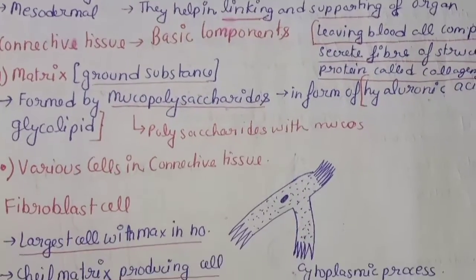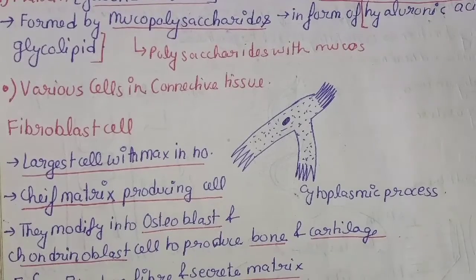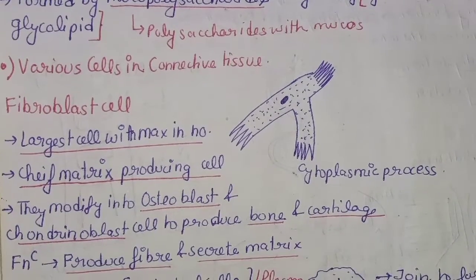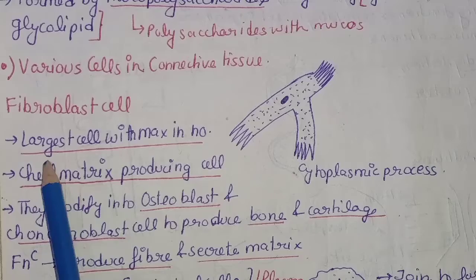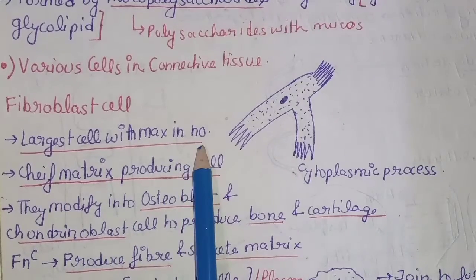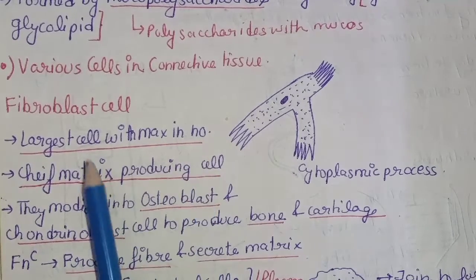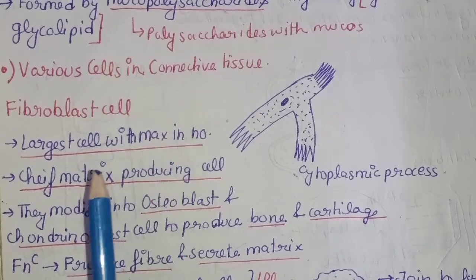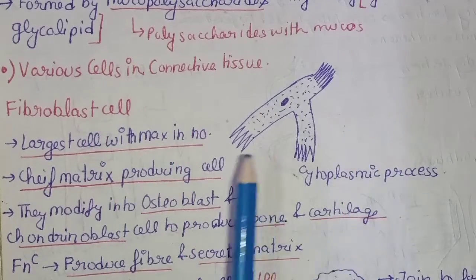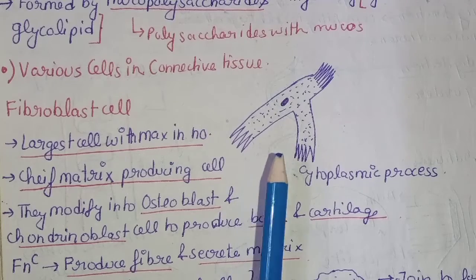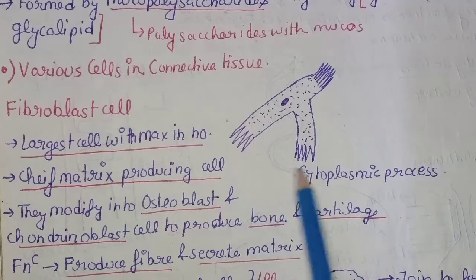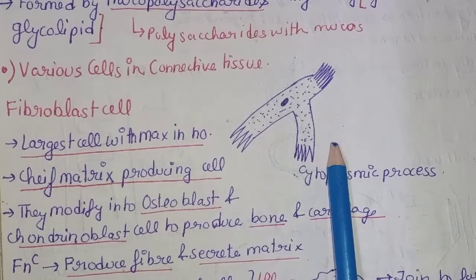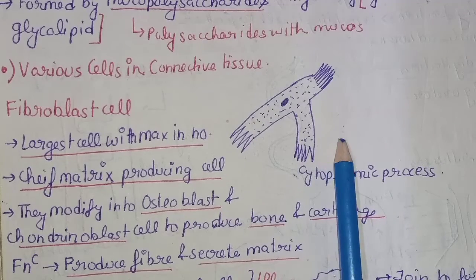First coming to the fibroblast cell. As you can see, it is the largest cell and the most numerous. Blast here means cellular layer. Branched cytoplasmic processes arise from these cells, so they appear irregular in shape, and they secrete fibers.